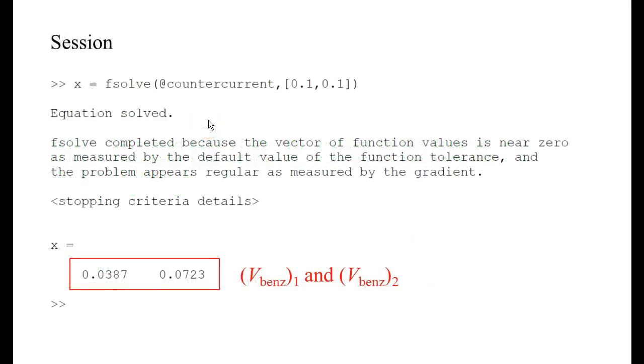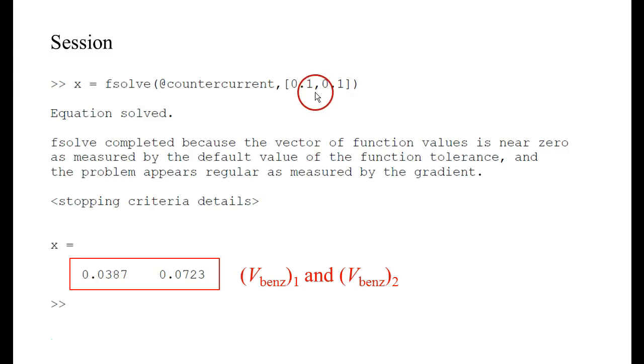Here's the actual session that I typed into my MATLAB window. And MATLAB is great. It just has this function fsolve, as I've said before, which just automatically solves any equations. All you have to do is provide the function which evaluates the left-hand sides. And I called that countercurrent. So at countercurrent refers to that function. This pair is my initial guess for the mole numbers.